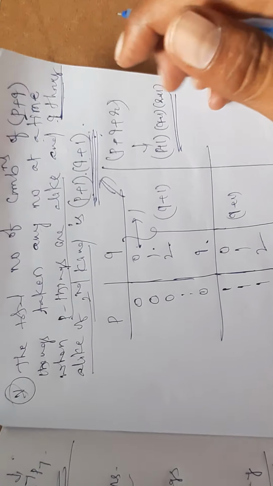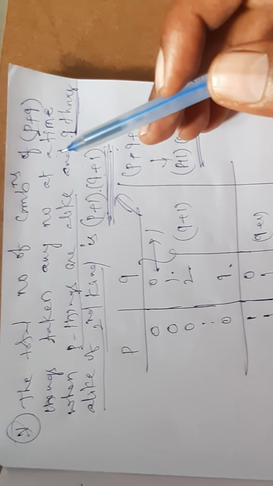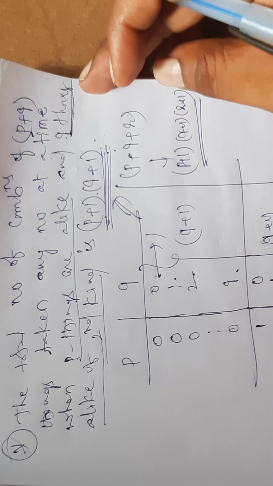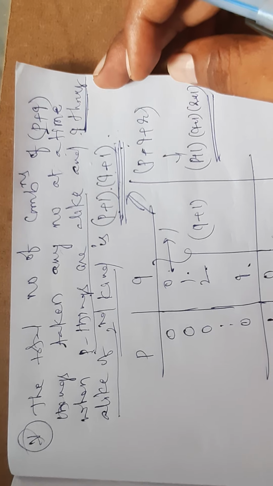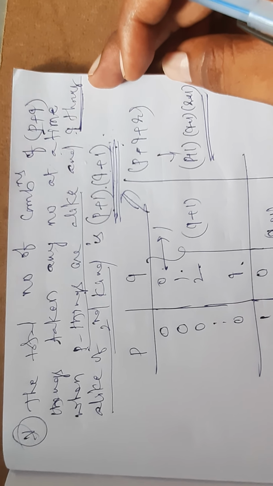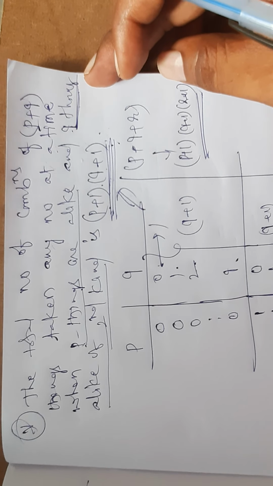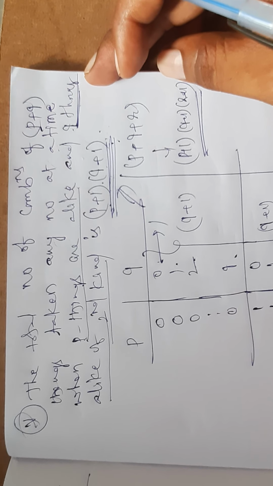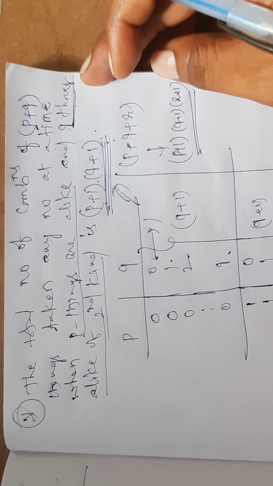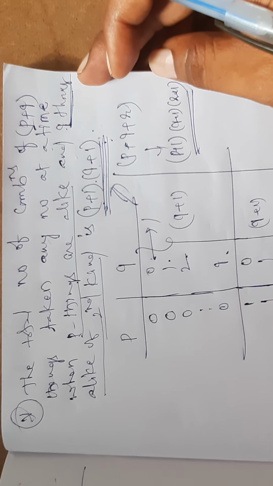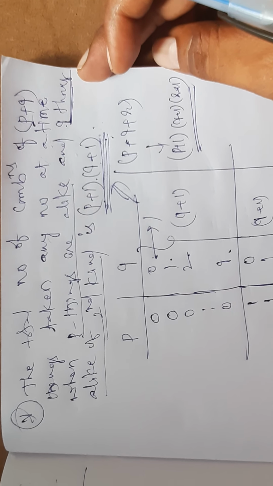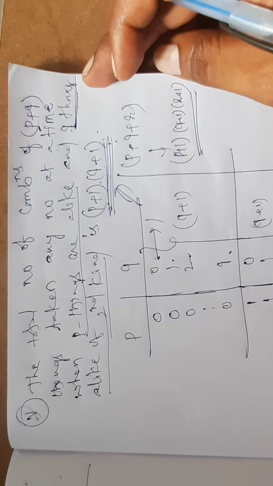Once again, one more point, give me the answer. The total number of combinations, listen to the word carefully. The total number of combinations of p plus q things taken at least one or more at a time, when p things are alike and q things are alike of the second kind, what will be the answer?